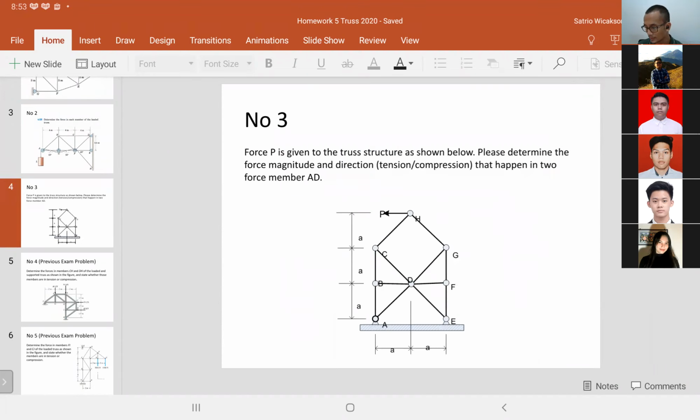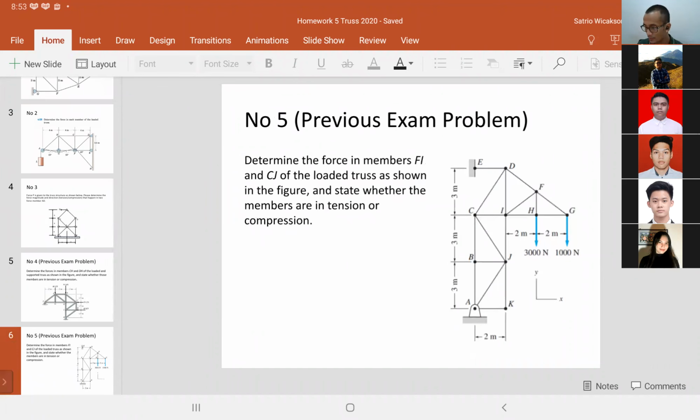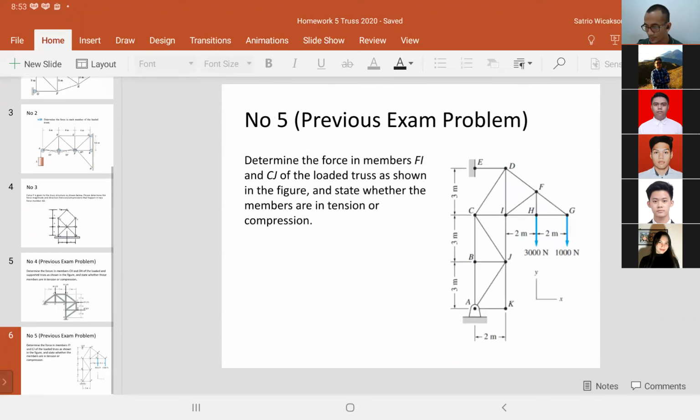This one is quite difficult because it's part of the statically indeterminate truss. So I will put it at number 5 because it's the hardest one. This one is a previous exam problem. So the previous exam problems will have difficulty like number 4, like this particular problem and this particular problem, and they will be in your homework.